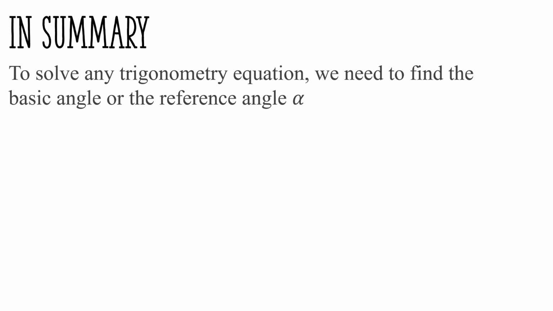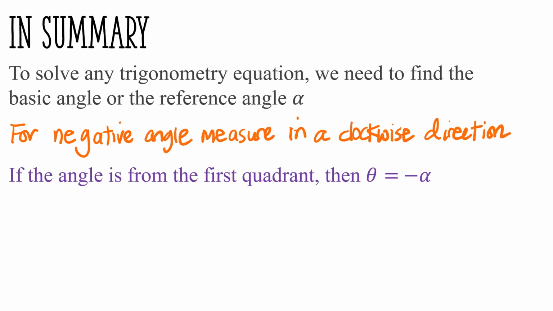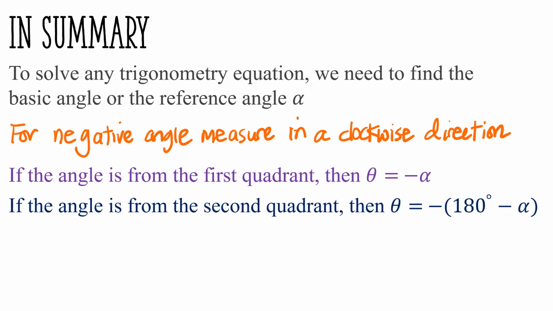Now for negative angles, that means angles measured in a clockwise direction. If the angle is from the first quadrant, then your angle theta is just negative alpha.